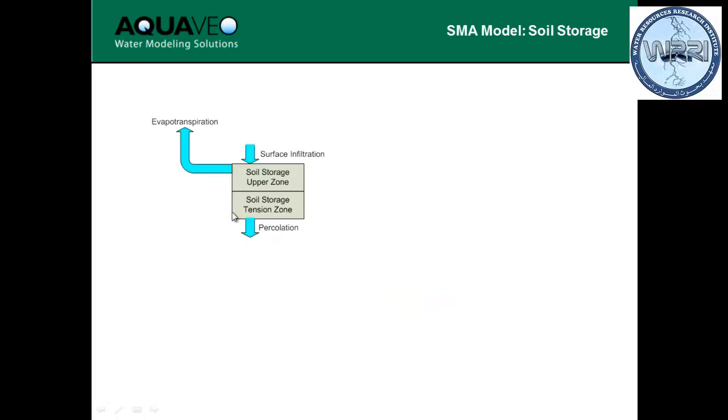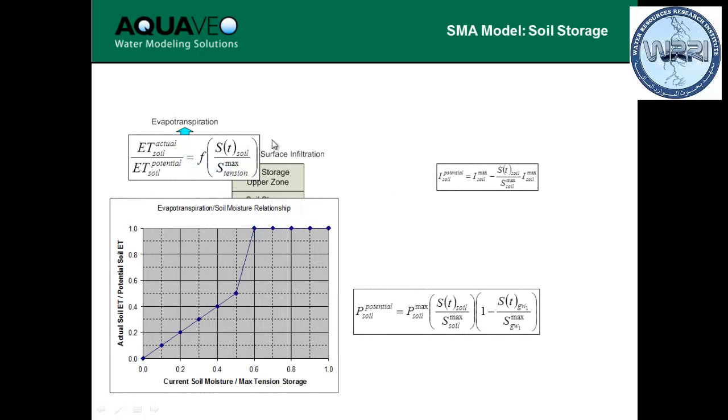Your next layer is your upper and lower soil storage areas, and you can get evapotranspiration from that layer also. The input for that layer is your surface infiltration. The output is your percolation and evapotranspiration. These are the equations and relationships used in this layer, and your notes explain what all of these variables mean. It's kind of confusing.